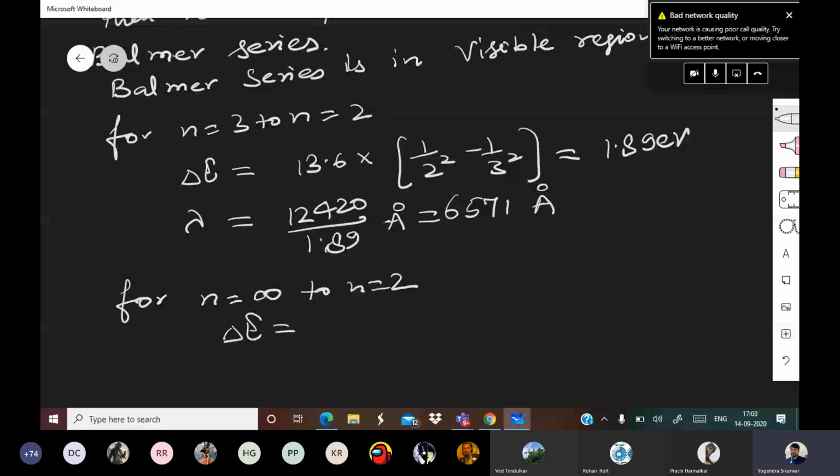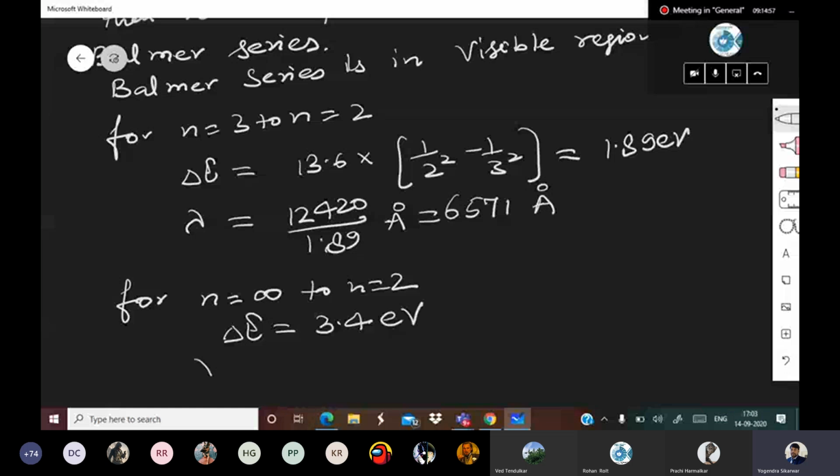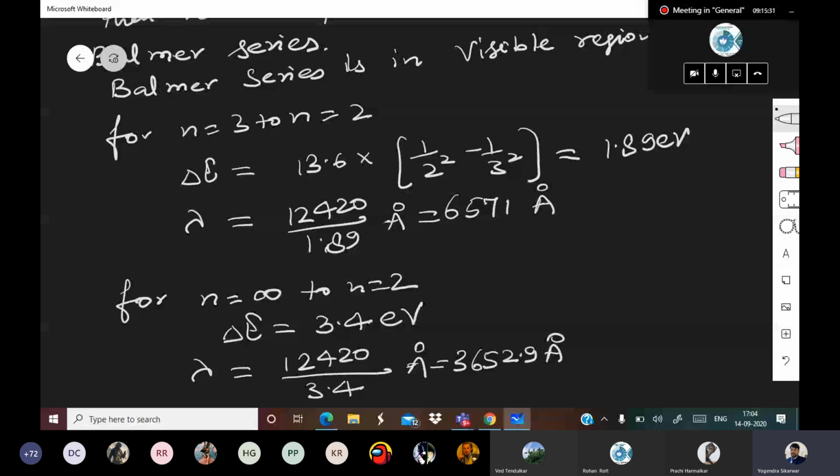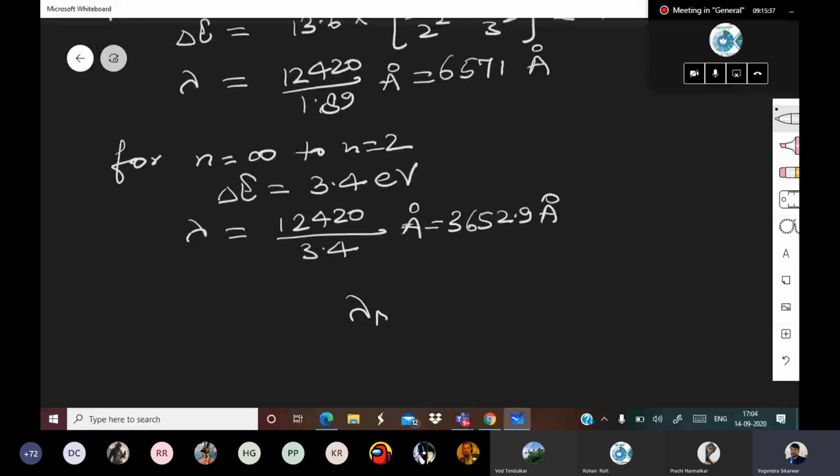So lambda in that case will be 12420 divided by 3.4, and that comes out to be 3652.9 angstrom.